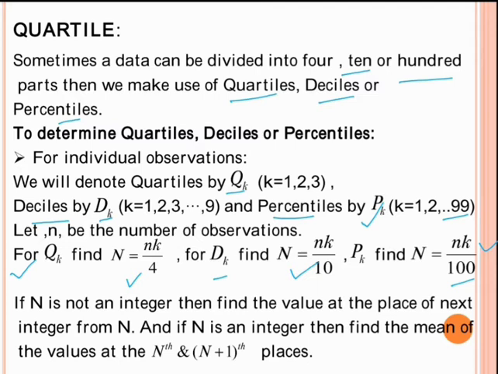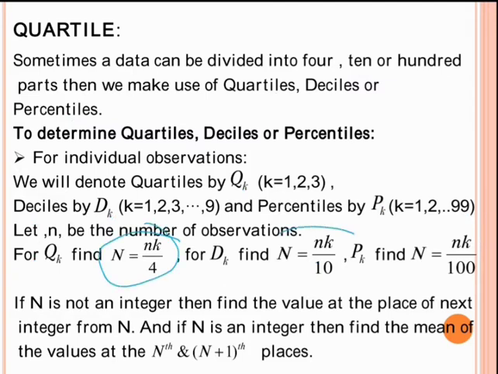If capital N is not an integer, then find the value at the place of the next integer from N. We are finding capital N using these 4 formulas. If the value of N is not an integer, then we will take the next integer. If capital N is 2.34, then our capital N will be considered as 3.